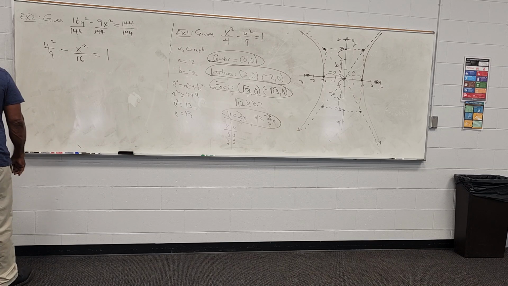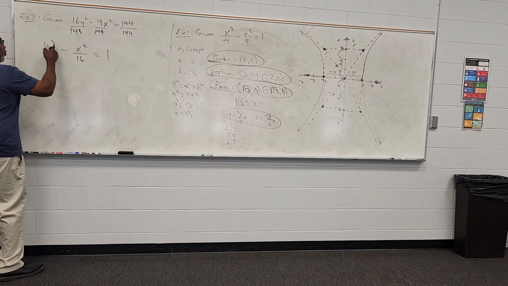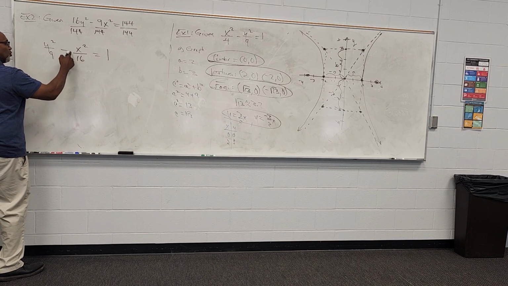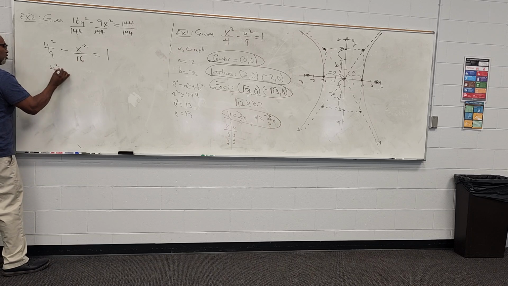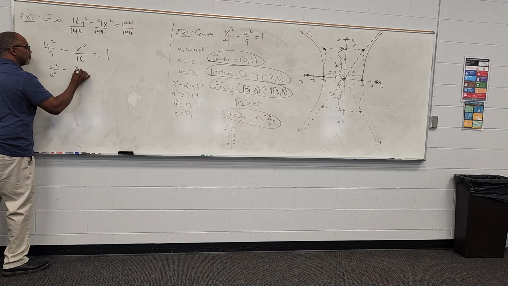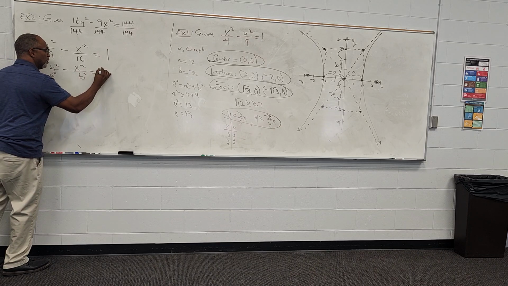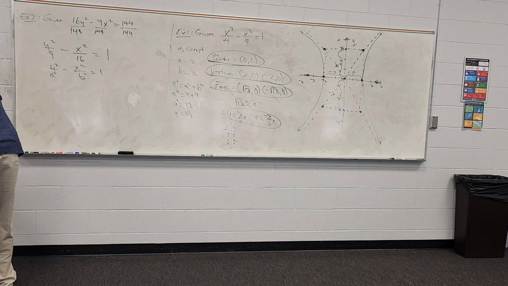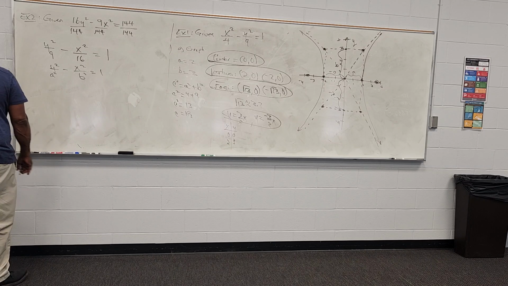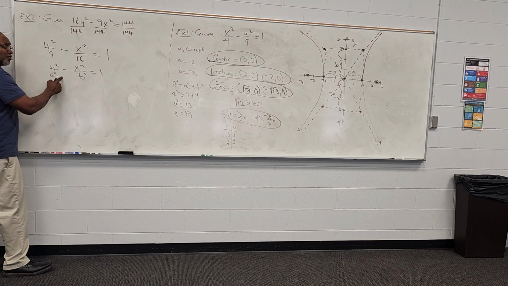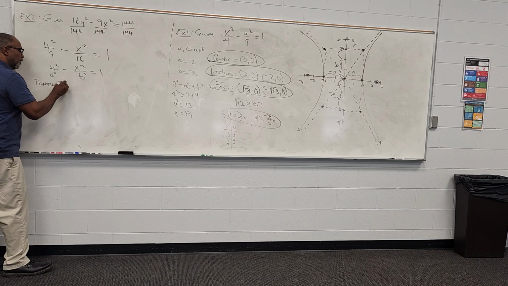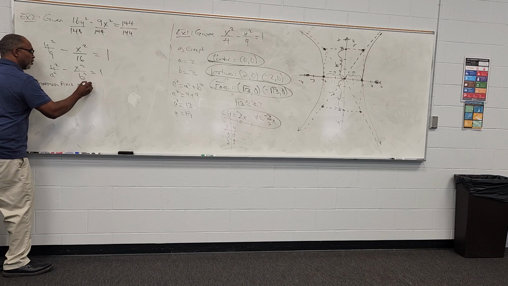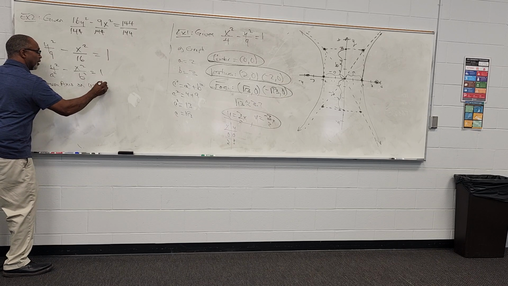So again, if you look back at what I initially said, y squared over a squared minus x squared over b squared equals 1. That's the form we have. Look back at the page. The transverse axis is on the y axis this time.